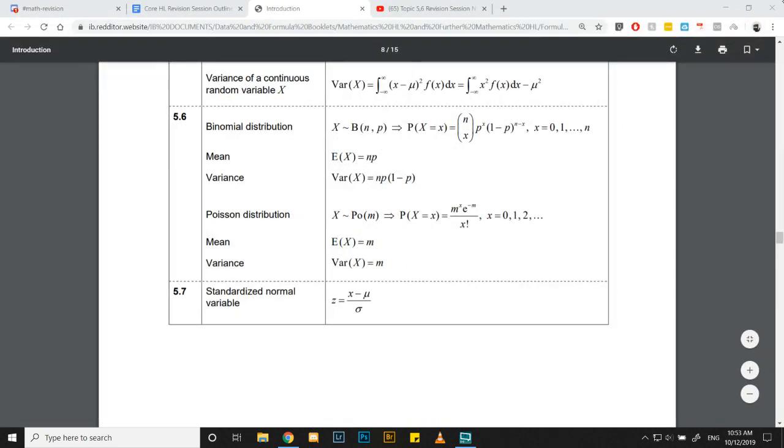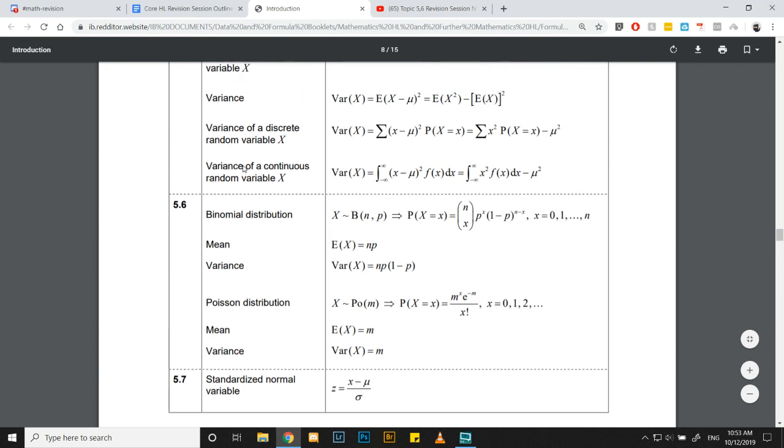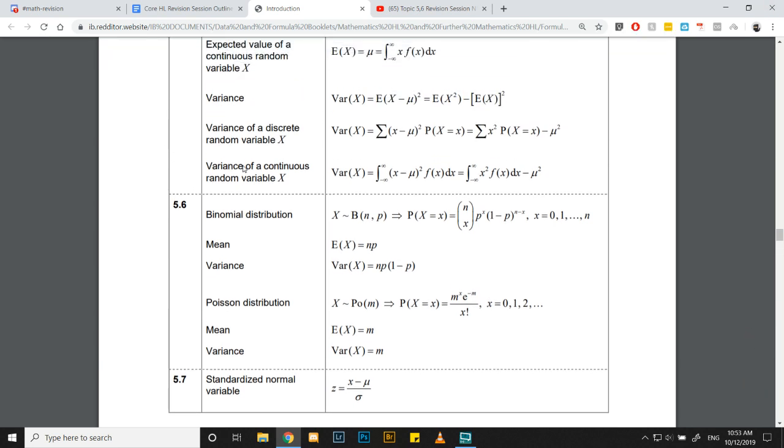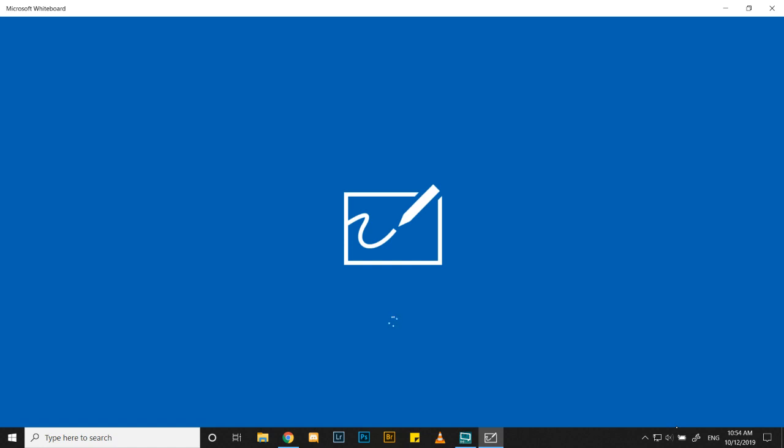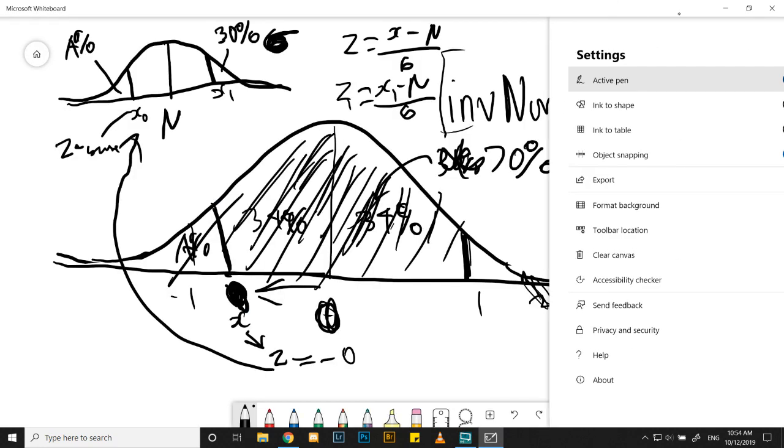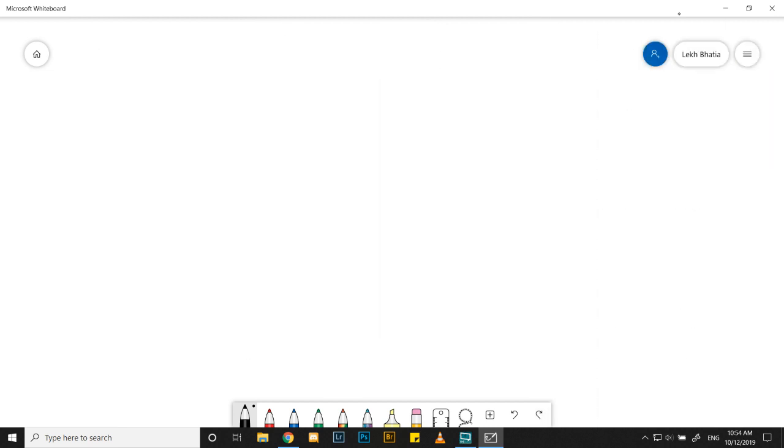So yeah, that's that. Then we have the binomial distribution. Again, it goes back to the binomial theorem. Binomial distributions will always be used when you have some sort of choice being made, like the probability of a success or failure.